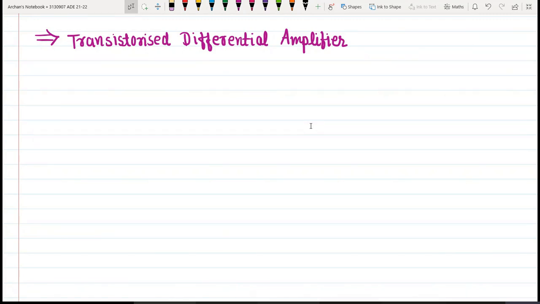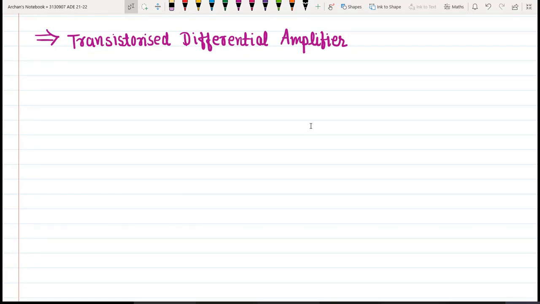As I discussed earlier, whenever we talk about operational amplifier circuits, they are made up of transistors. It may be MOSFET, BJT, or any other transistor from the transistor family, but we do have this transistorized differential amplifier circuit.